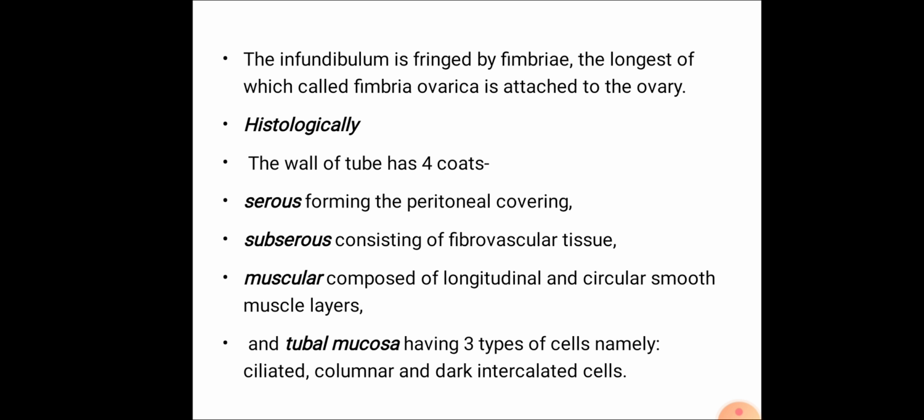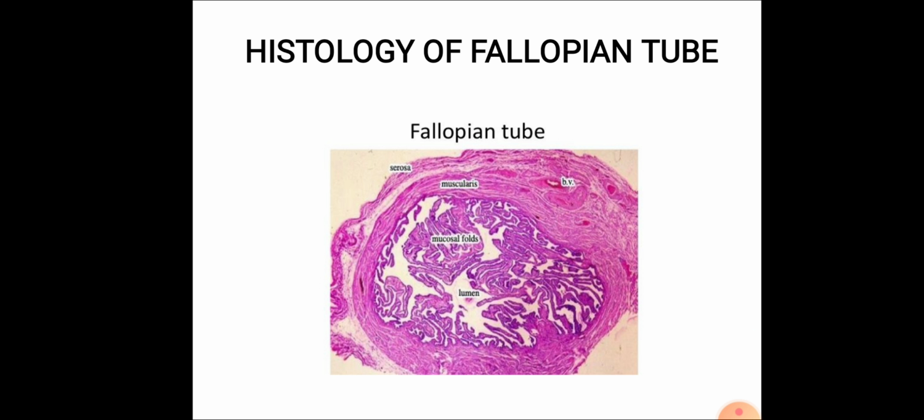Histologically, the wall of the tube has 4 coats: serous forming the peritoneal covering, subserous consisting of fibrovascular tissue, muscular composed of longitudinal and circular smooth muscle layers, and tubal mucosa having 3 types of cells, namely ciliated, columnar, and dark intercalated cells.